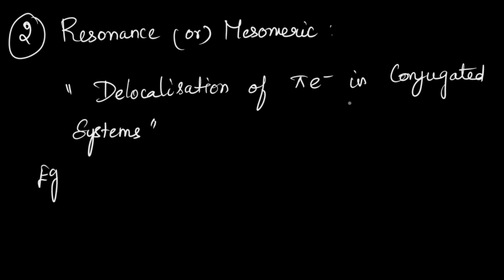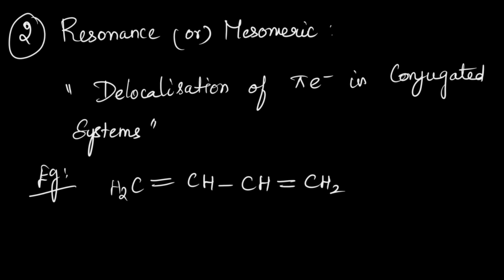For example, you can take how the delocalization happens. The first double bond will give up the electrons to the next carbon. So this becomes positive. I'm writing it here. So this becomes positive and CH becomes negative.